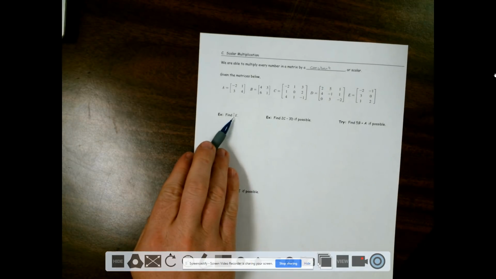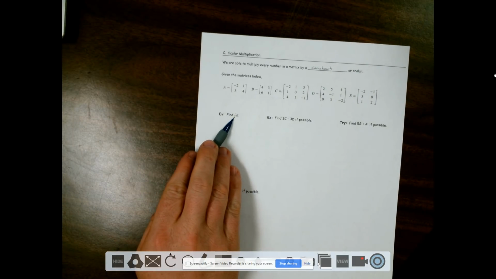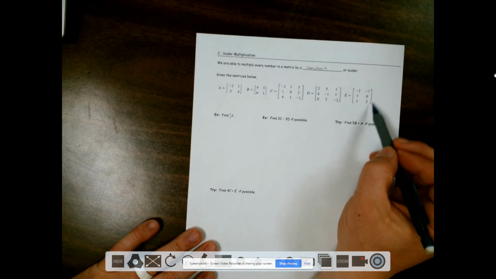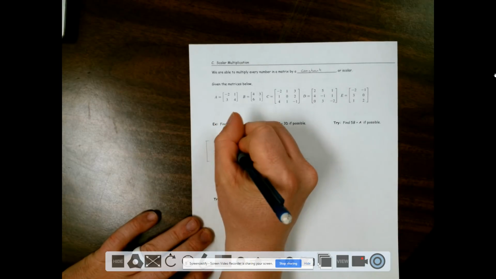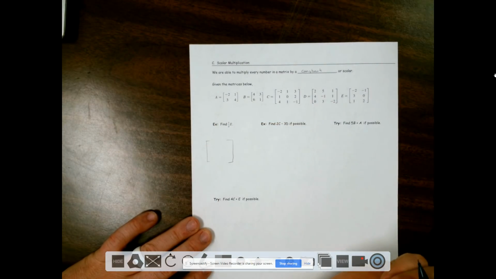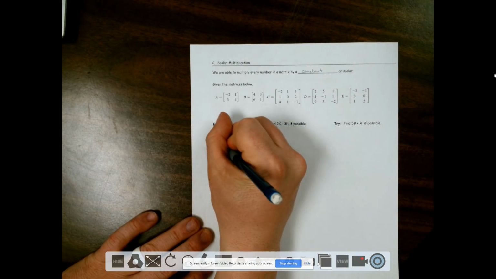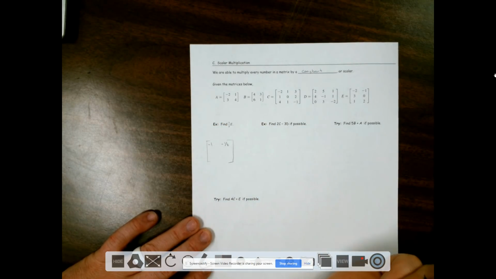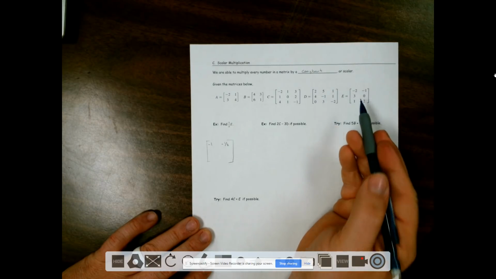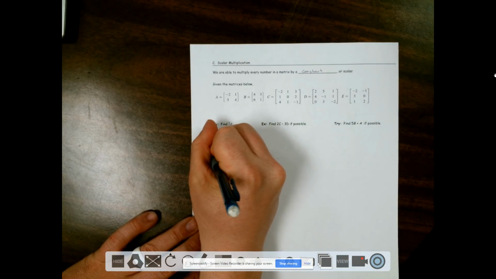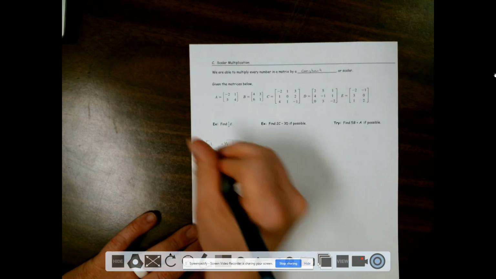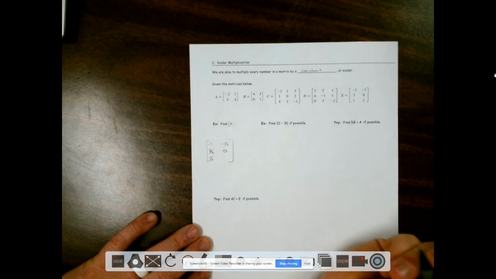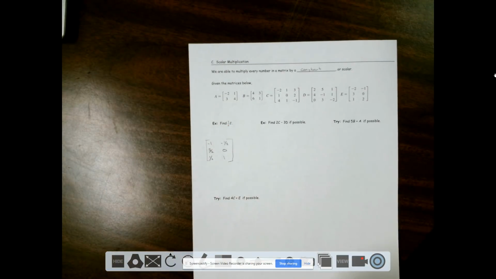Seen here, we're multiplying matrix E by 1/2, so we're taking every single element in matrix E and multiplying it by 1/2. So negative 2 times 1/2 is negative 1. Negative 1 times 1/2 is negative 1/2. 3 times 1/2 is 3/2. 0 times 1/2 is, of course, 0. 1 times 1/2 is 1/2. 2 times 1/2 is 1.